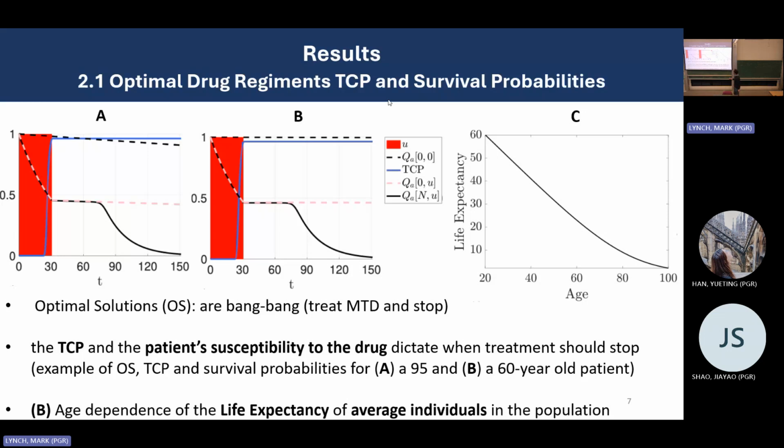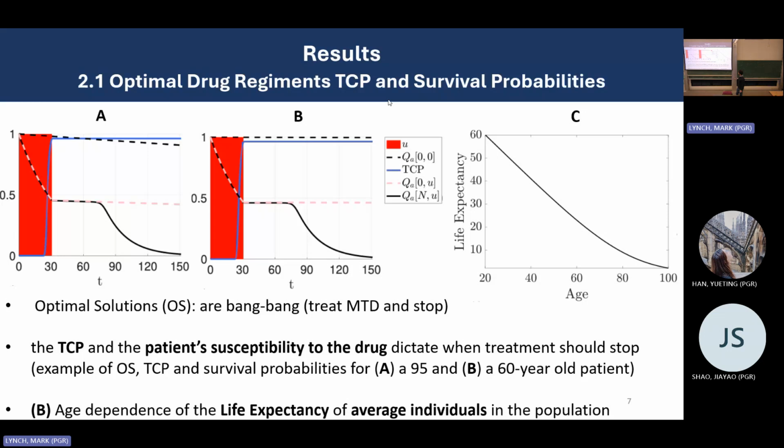Now, the blue line is the probability of the tumor getting eliminated, the tumor control probability. So we can see that after the treatment, it's around 90% that the tumor gets eliminated. And now to indicate the survival probabilities, the black dashed line is the survival probability for an average individual of the age of the patient.